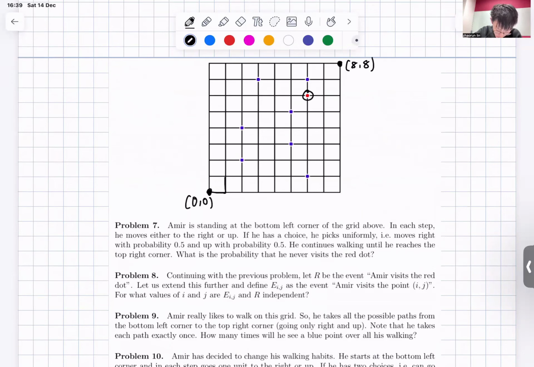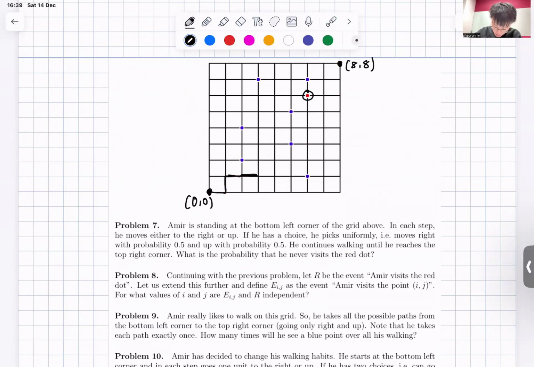So you can just find it iteratively. At every step, Amir has probability 0.5 to go either up or to the right. So you can just compute for each step.